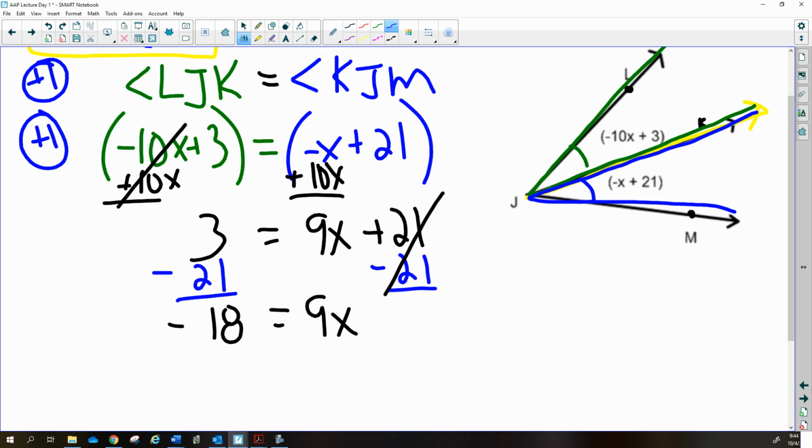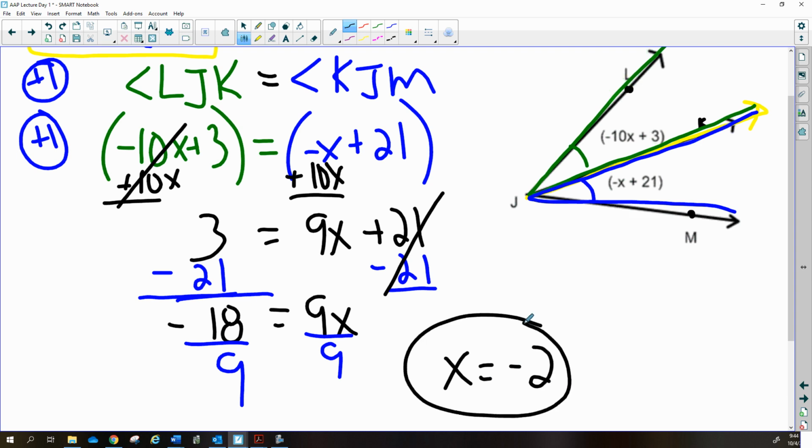Simplify by dividing by 9, and I come up with my answer for x to be negative 2. Again, show all that work. That's going to give you 2 points.